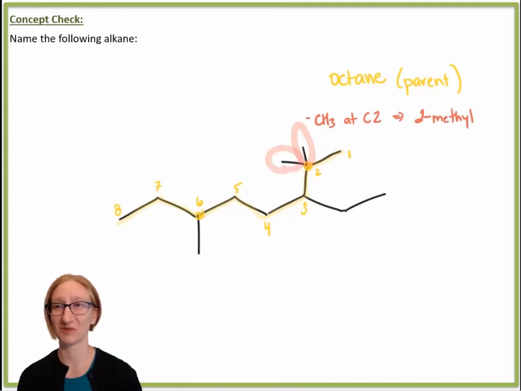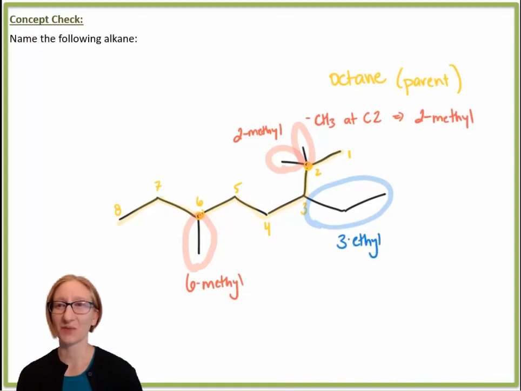In fact, at carbon 2, we have 2 methyl groups. And in carbon 6, we have another methyl group. Then at carbon 3, we have an ethyl group.